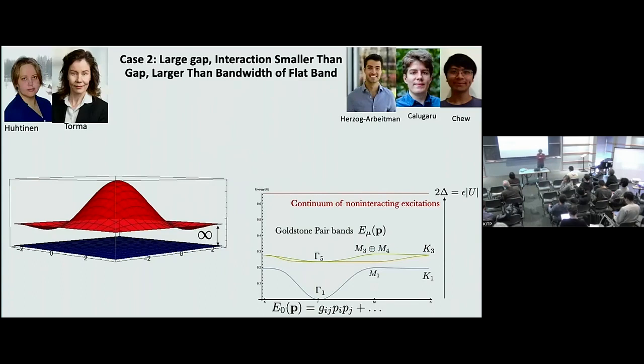But if the interactions were much less than the band gap, you would occupy the hybridized states. So that lets you do a quantitative test of how much band projection fails. You can do self-consistent Hartree-Fock and look at how much the occupations of the remote bands differ from 0 and 1. That's right. Have you done this in the topological heavy fermion model?